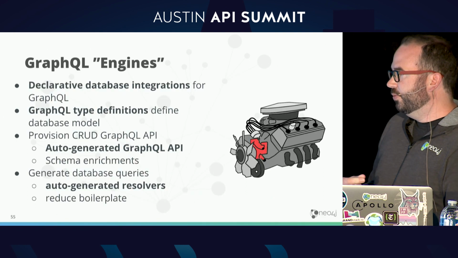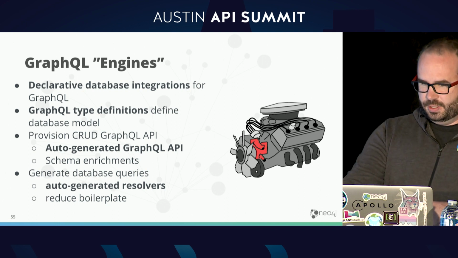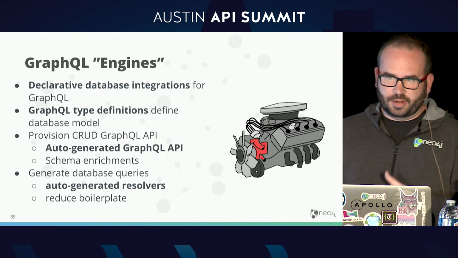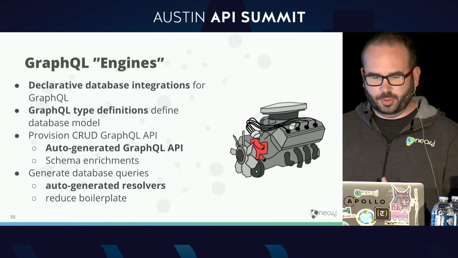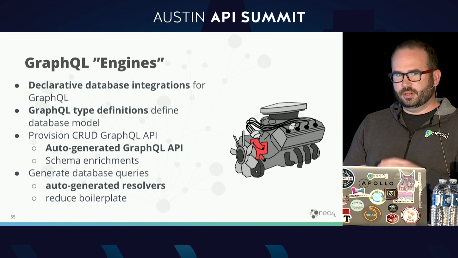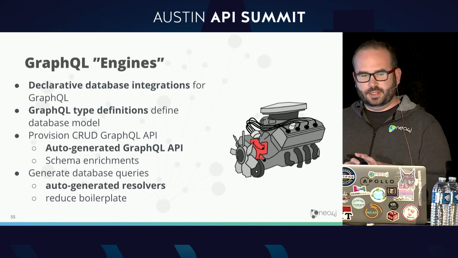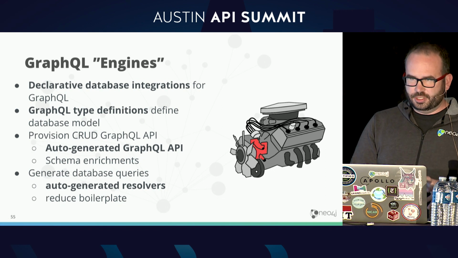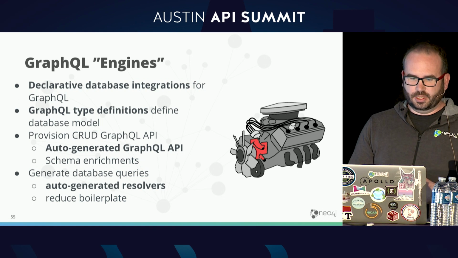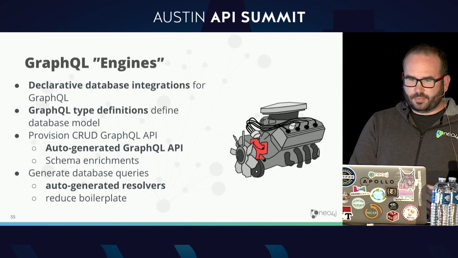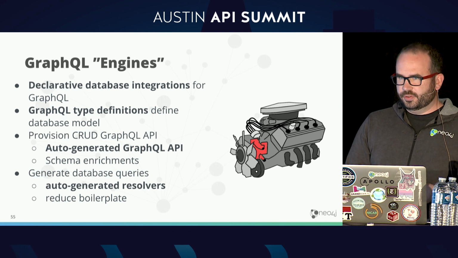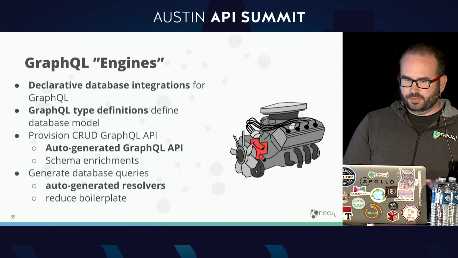So to review what we're doing with these GraphQL engine projects, and again, we looked at the Neo4j GraphQL project specifically, but the other projects that I mentioned share similar functionality, right? These are declarative database integrations where we're using GraphQL to drive the database with our type definitions, and we're provisioning GraphQL APIs that are auto-generated from just our type definitions.